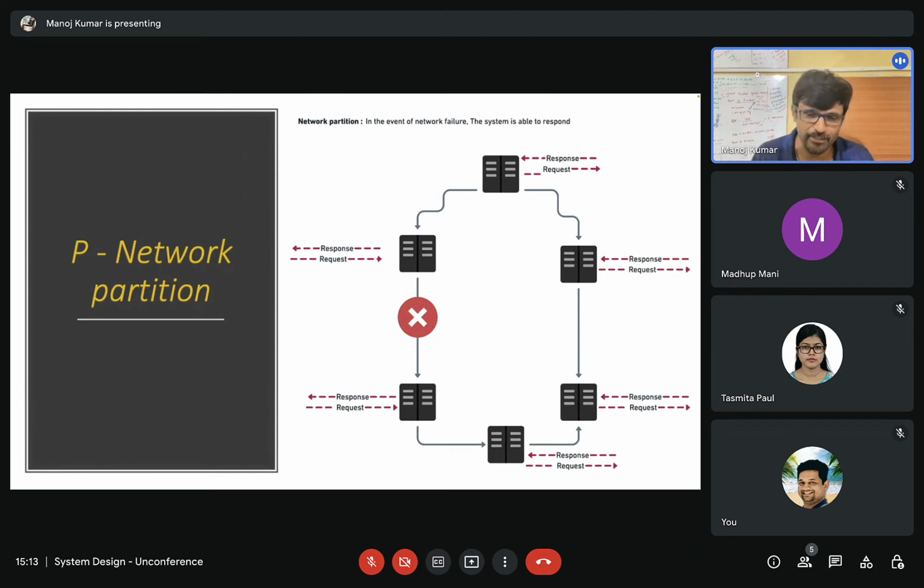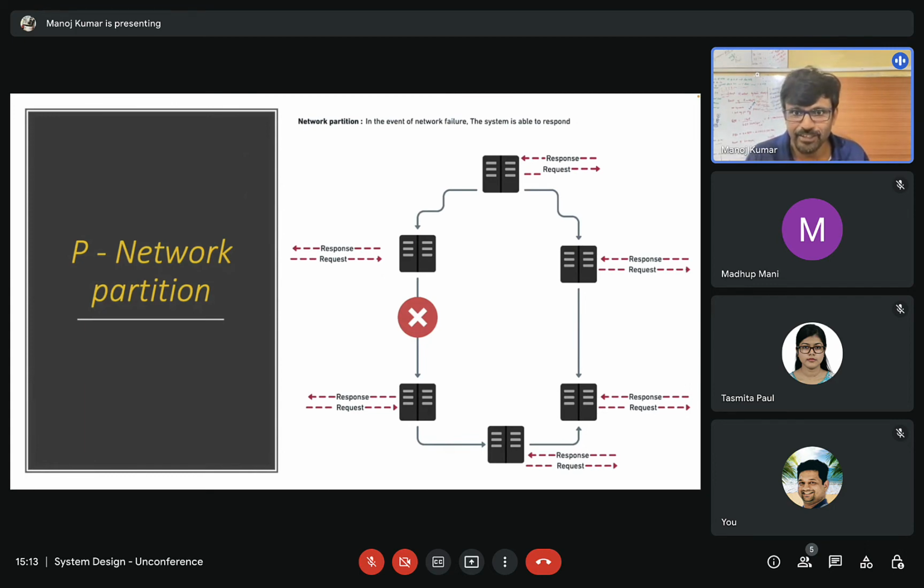Even within the same data center, something can get disconnected. The data would be flowing in and out, but they would not be in sync.